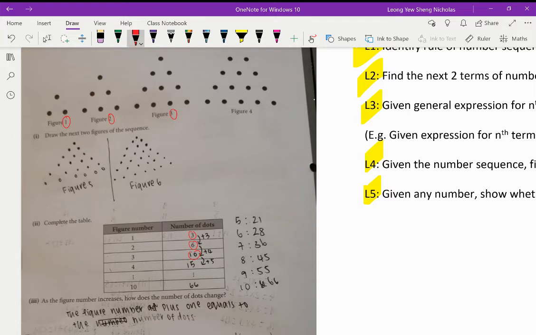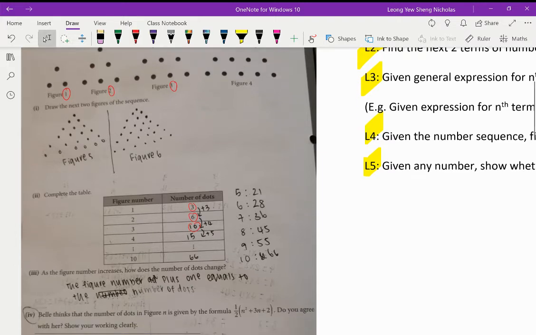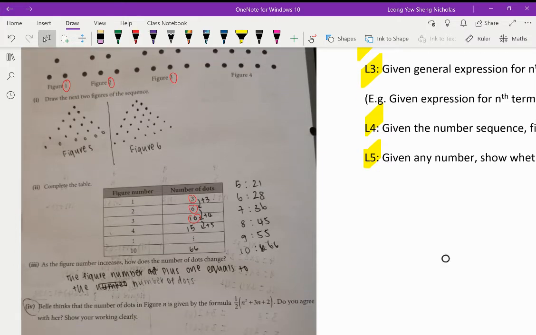She noticed that from figure 1 to 2 is plus 3. From figure 2 to 3 is plus 4. From figure 3 to 4 is plus 5. That means the next few patterns will be plus 6, plus 7, and so on and so forth.